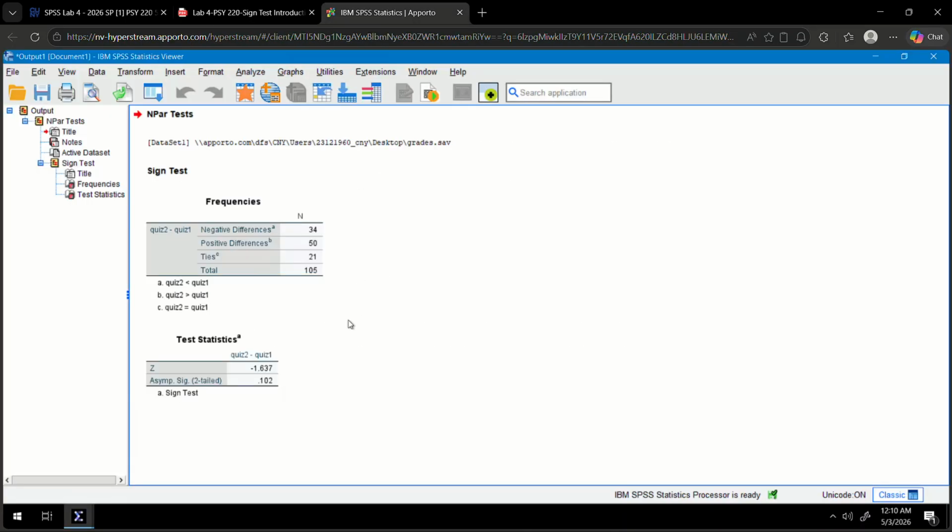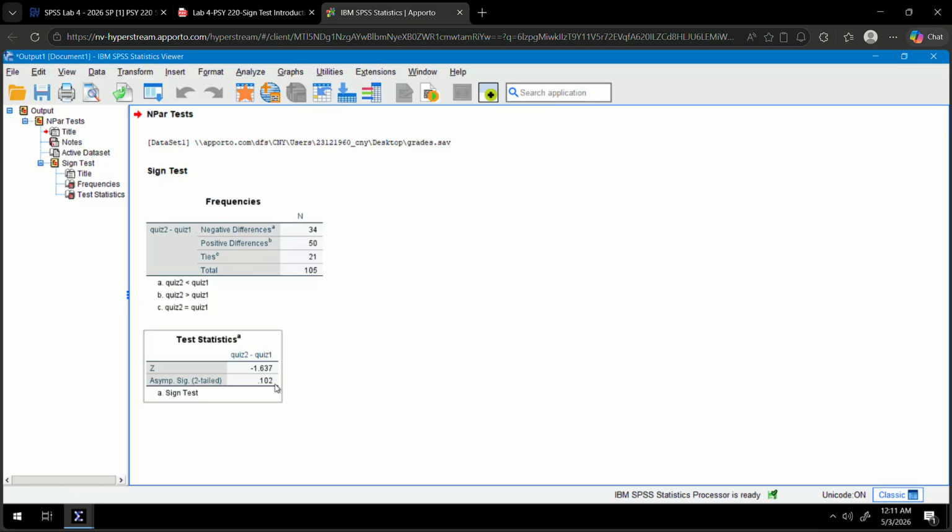Now, this 0.102 is actually a two-tailed test, a non-directional test. If our research hypothesis is that quiz 2 will be greater than quiz 1, right? That's a one-tailed test. We're not looking in the other direction. We're not interested if quiz 1 is greater than quiz 2.